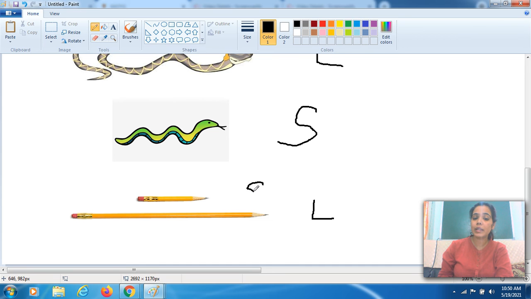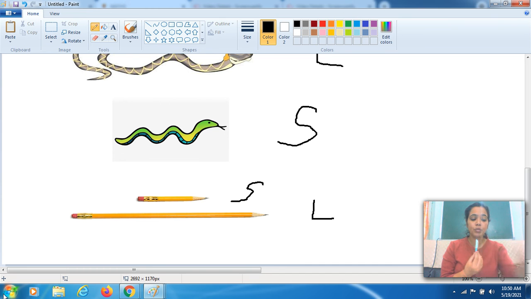Now you will understand the meaning of long and short and tall and short, where we have to use tall and short words and where we have to use long. जब कोई भी object standing position में है, then you have to use the term tall.